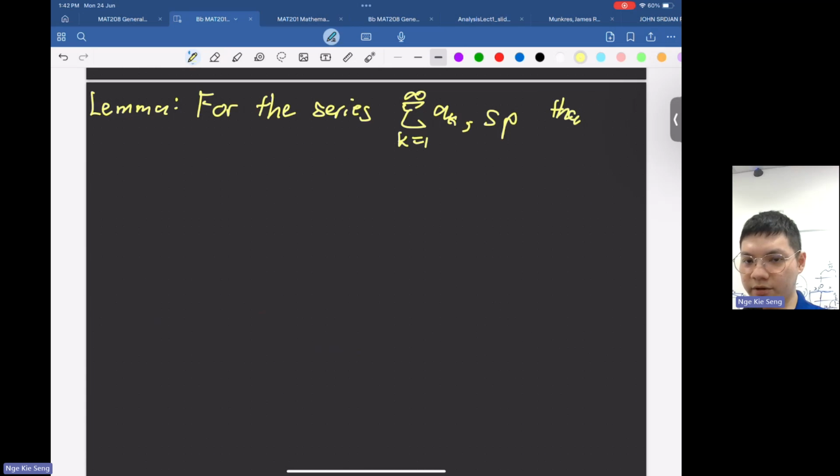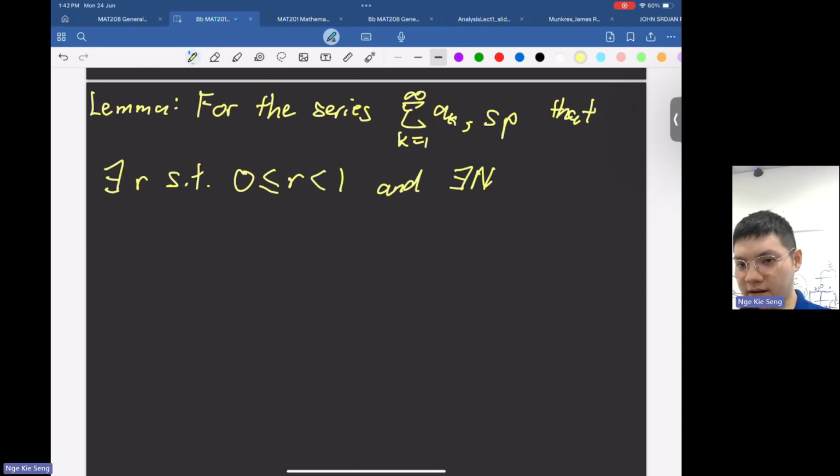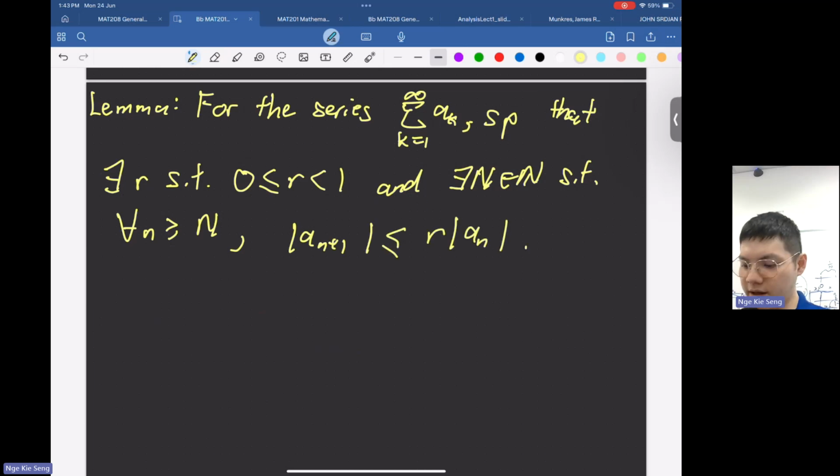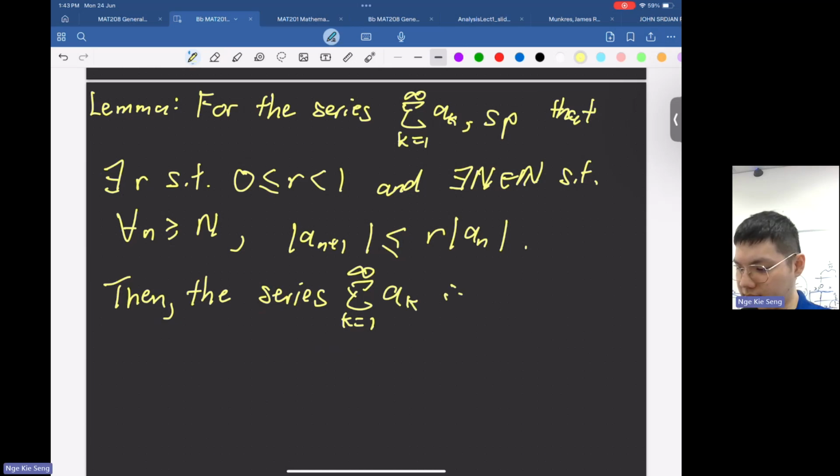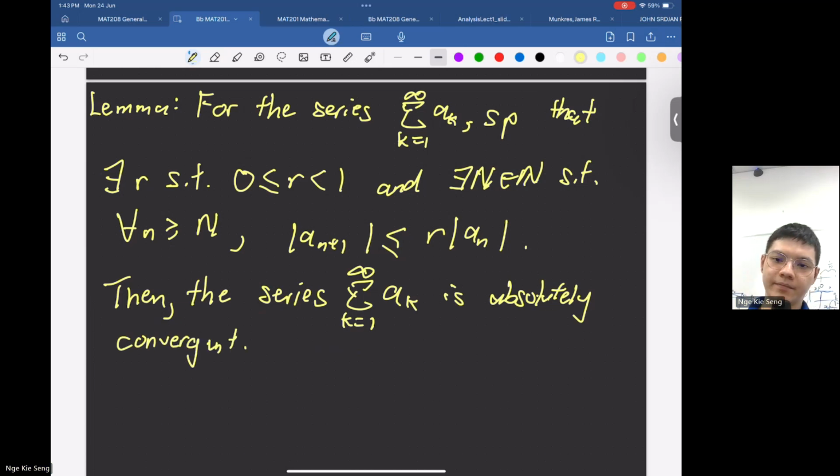Suppose that there is an r such that r is in between 0 and 1, and there is an N in the natural numbers such that for all n greater than or equal to N, |a_{n+1}| is less than or equal to r times |a_n|. Then the series of a_k is absolutely convergent.